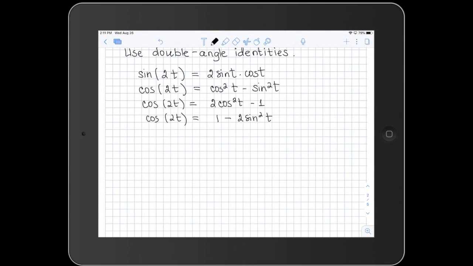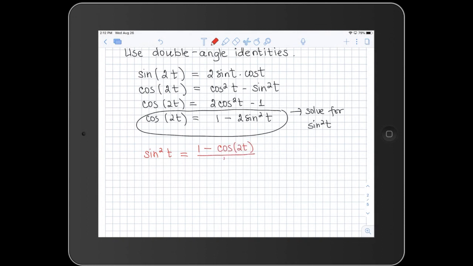In our case, we want sine squared, right? So if you were to solve for sine squared of t, what do we get? Sine squared of t is equal to 1 minus cosine of 2t, divided by 2. You can do all the algebraic steps; I'm just solving for this expression.